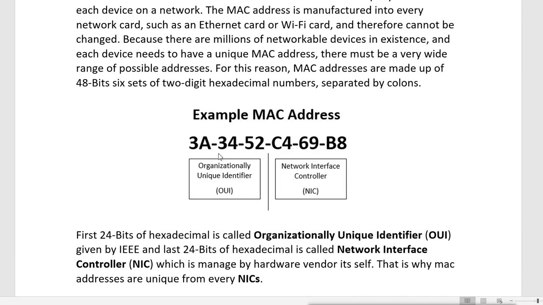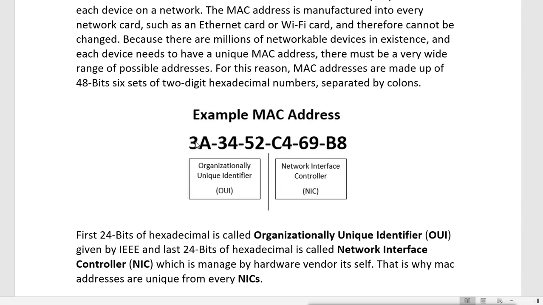But still it must be unique in the world. Unique in the world means no two LAN cards, no two MAC addresses must be the same, because this is the address which is used in the LAN network to transfer the data. Remember, in the LAN network, data goes from one system to another system by using the unique MAC address.